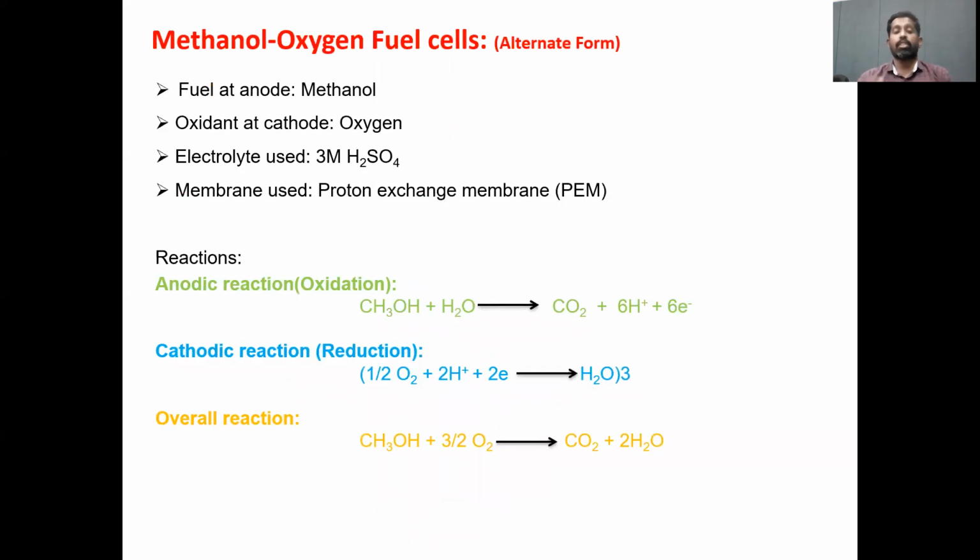So if you are taking H2SO4 as the electrolyte, these are the possible reactions. There will be a liberation of electrons, and electrons flow from anode to cathode. Correct? So the cathodic reaction is half O2 plus 2H+ plus 2 electrons, which gives water.